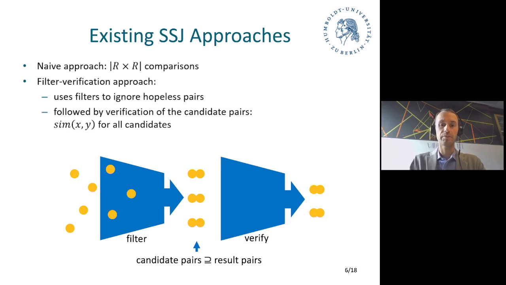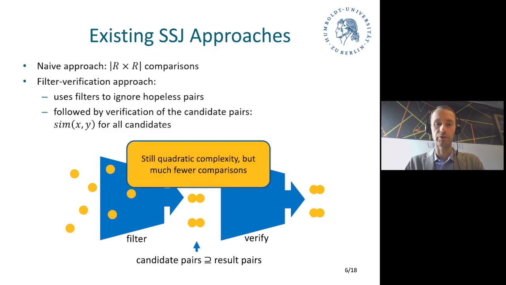In the second step, the verification, each of these candidate pairs is verified with the similarity function and checked against the similarity threshold. One important note here is the complexity of filter and verification is still quadratic in the worst case, but in practice we have much fewer comparisons than with the cross product.